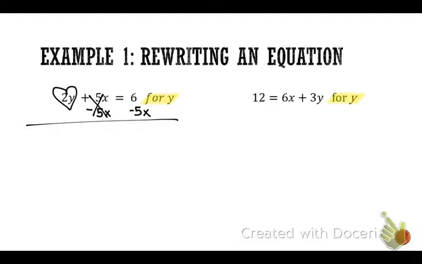Now here's another important part about solving. 6 minus 5x is not like terms. I cannot combine them together. So that's a mistake that we see sometimes. Do not combine them together. All you're going to do now is bring it down. And my rule says that you bring down your x term first. Bring down your x term first.